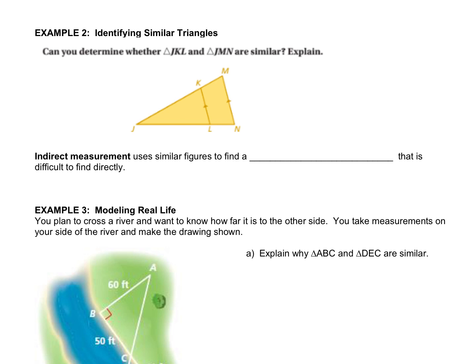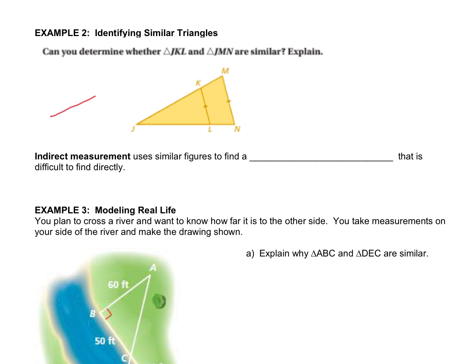So this next one's a little bit tricky. We're trying to determine if triangle JKL, which is laying here on top of JMN, are similar. And how do we know? One way to decide this is to pull these two apart.